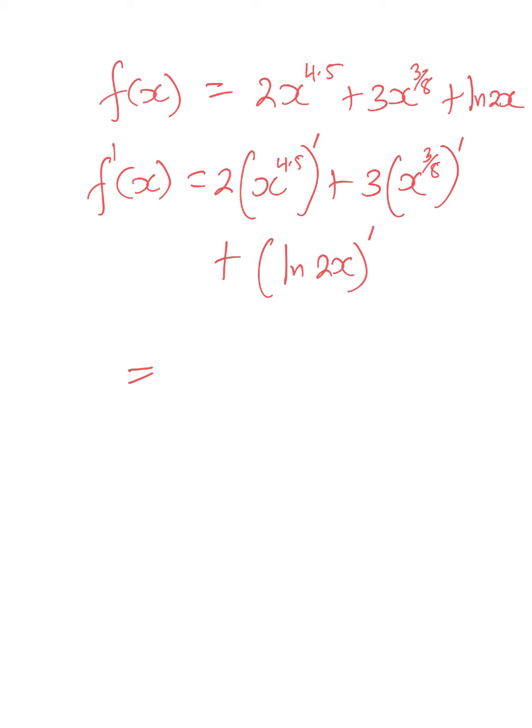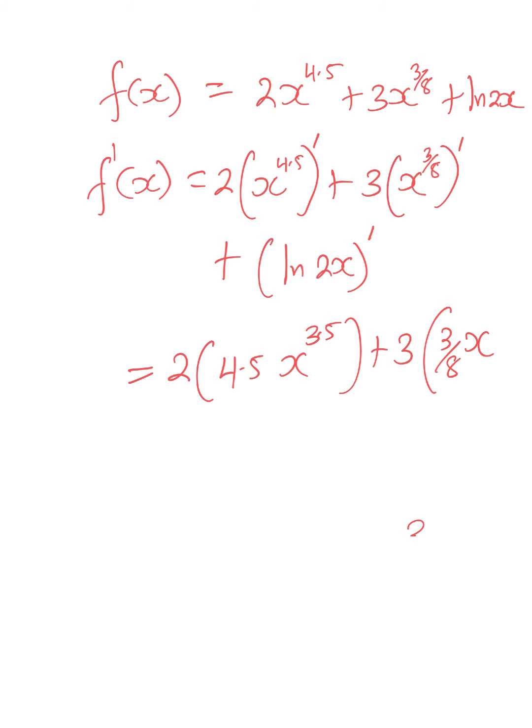We know this is going to be 2 into 4.5 x to the power 4.5 minus 1, which is 3.5, then plus 3 times 3 over 8, x to the power 3 over 8 minus 1, that's going to be, 3 minus 8, which is minus 5 over 8, then plus, well, how do we find the derivative of natural logarithm? We said you take 2x, find the derivative and divide by the very function 2x. So what do we have here?